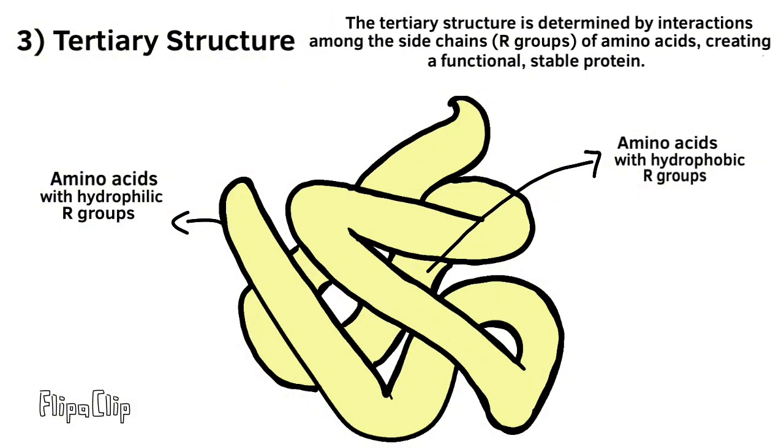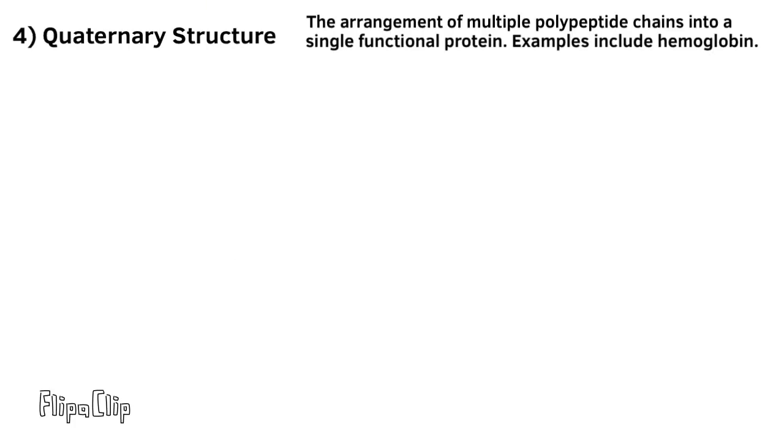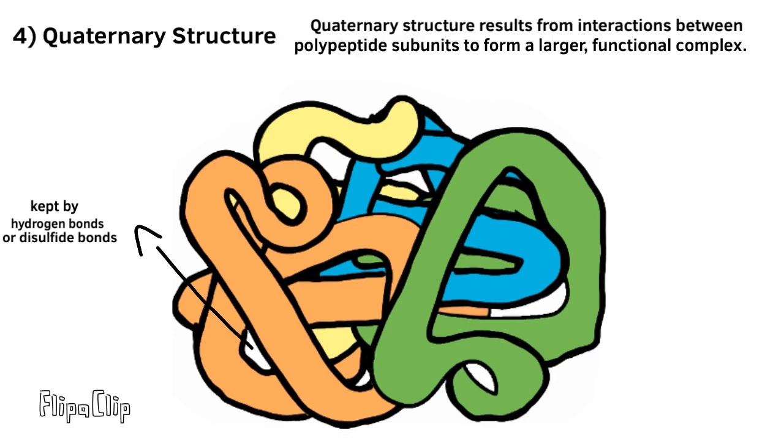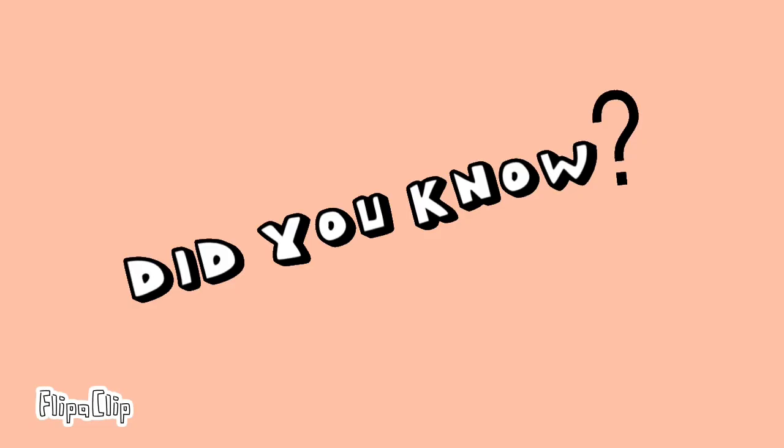The tertiary structure is determined by interactions among the side chains or R groups of amino acids, creating a functional, stable protein. Quaternary structure. The arrangement of multiple polypeptide chains into a single functional protein. Examples include hemoglobin. Quaternary structure results from interactions between polypeptide subunits to form a larger functional complex.